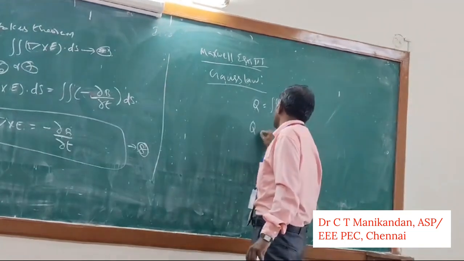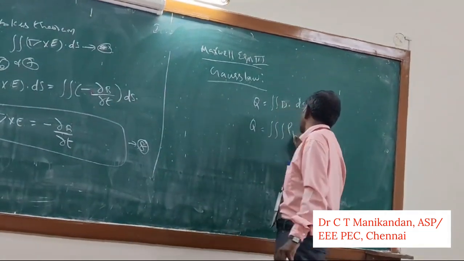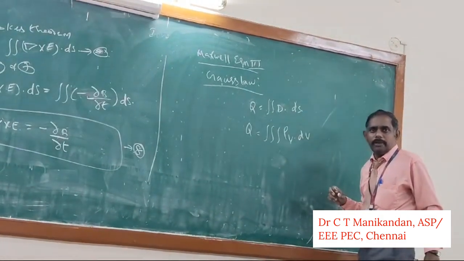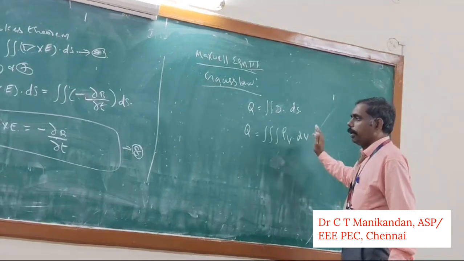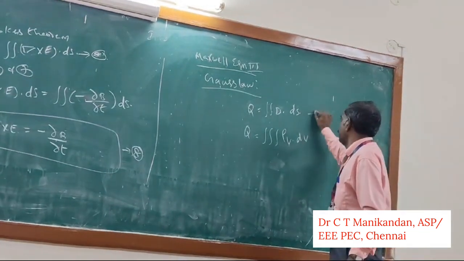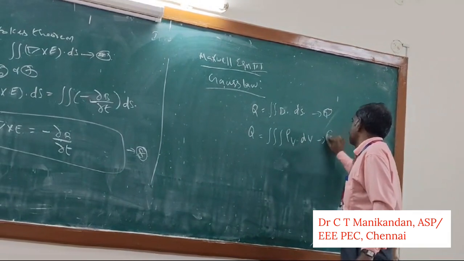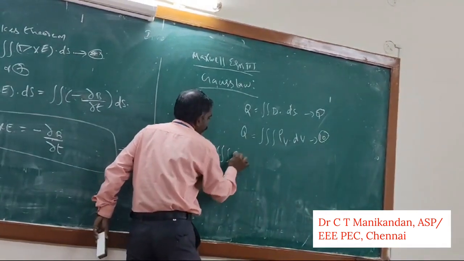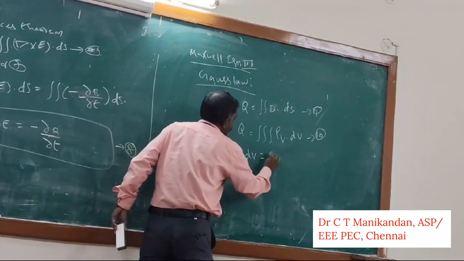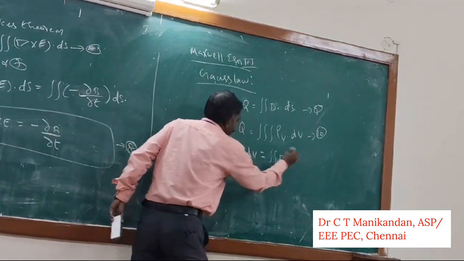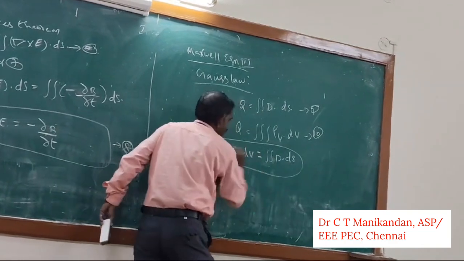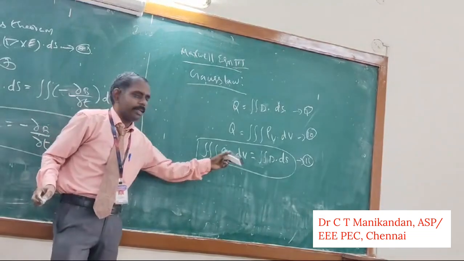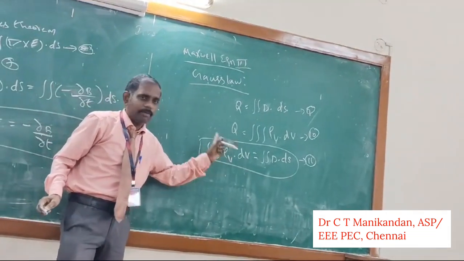Charge can also be represented in terms of volume charge density as Q equals the volume integral of rho v dv. Comparing these two, call them 9 and 10, we have the volume integral of rho v dv equals the surface integral of D dot ds. Take it as equation number 11, which is called Maxwell's equation 3 in integral form.